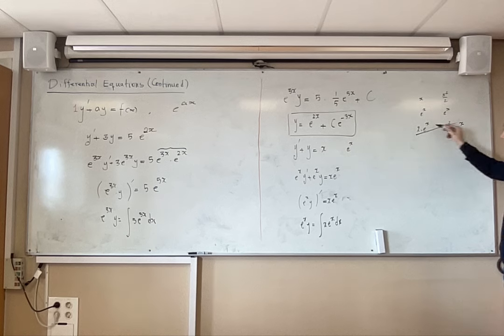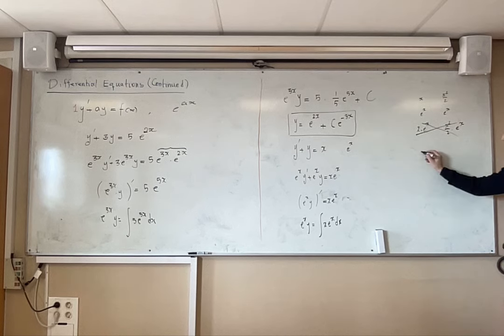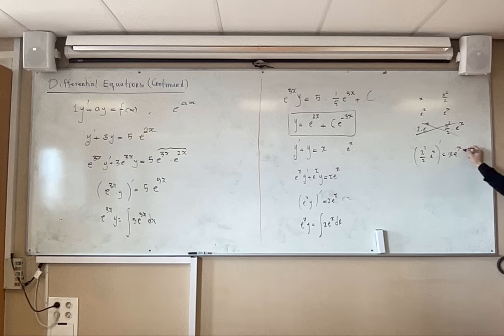You can check it. If I ask you to differentiate this, it becomes the derivative of the first one, x, multiplied by the second one, e to the x, plus the first one multiplied by the derivative of the second one.